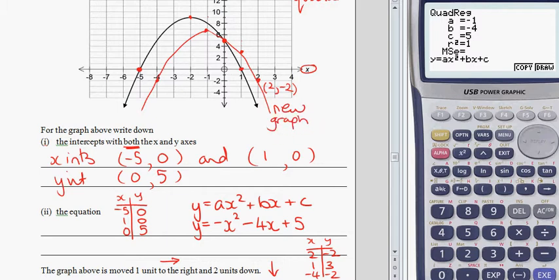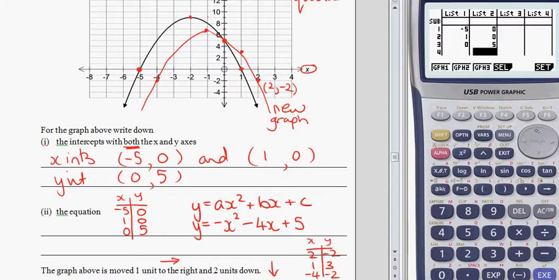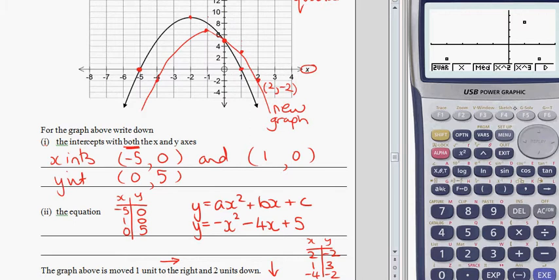And we're asked to give its equation. So we've got the numbers here. We just need to put them into the points, put them into the calculator. And choose graph 1, calc, and it's quadratic.